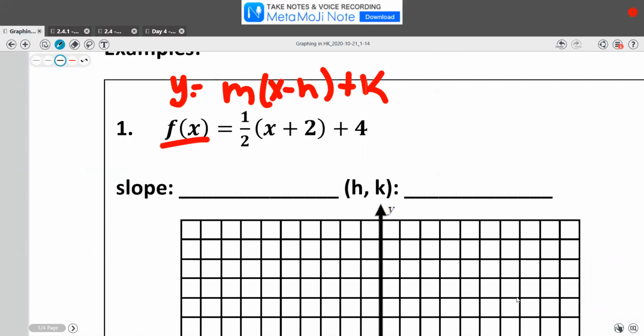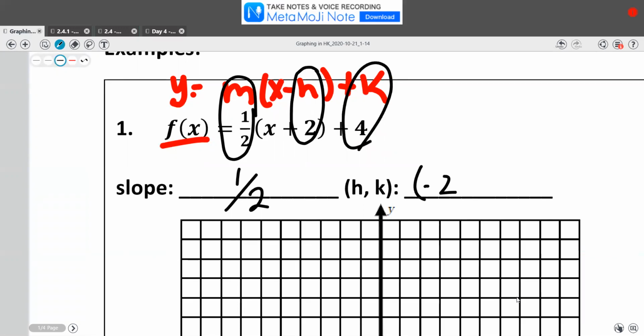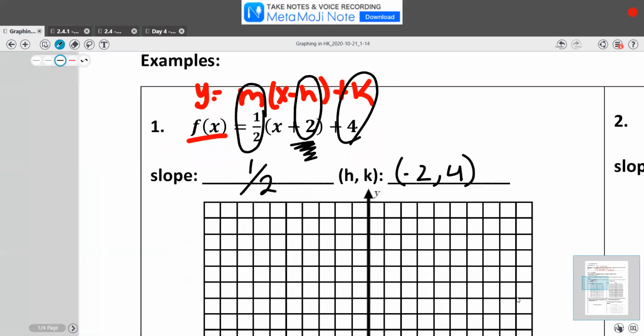Well, my slope is going to be that number right there, 1 over 2. My h is going to be that number right there. Remember, 2 has to be opposite, so 2 is going to be -2. And k is going to be that number right there. So k is going to be 4. Notice that the only one that changes is 2 because it has to be opposite, okay?